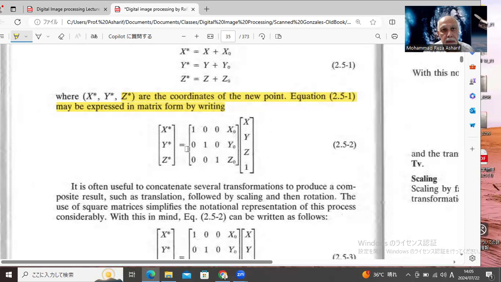But remember, the matrix is just adding 1 at the end of the input point x, y, z. Then the matrix is 3 by 4.